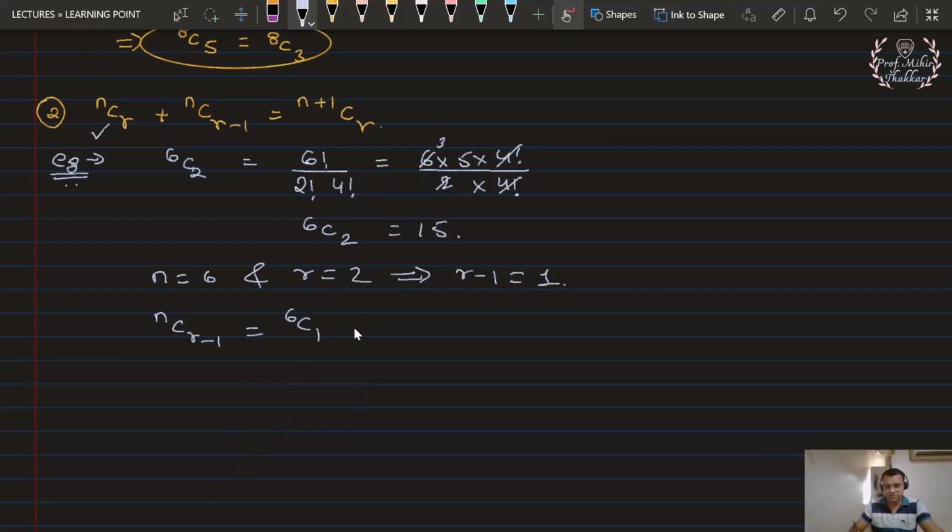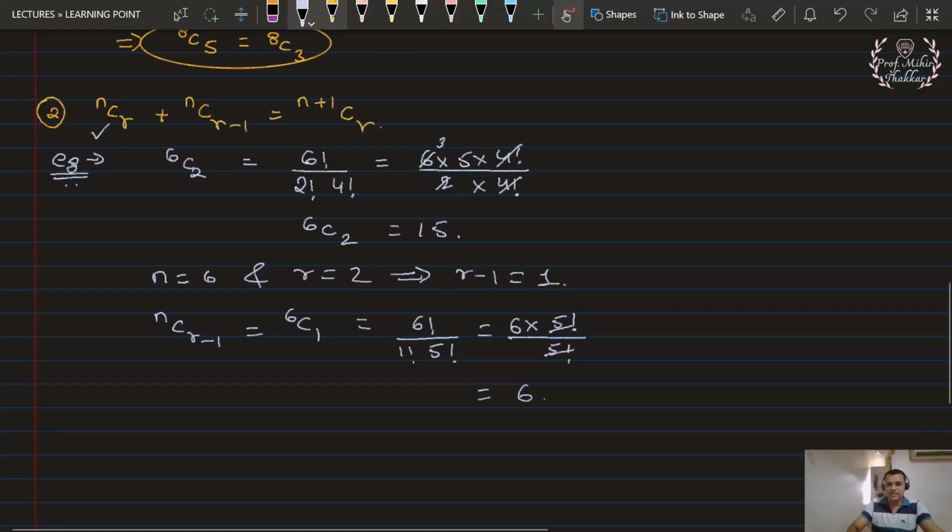Let us find it out. 6 factorial upon 1 factorial into 6 minus 1, which is 5 factorial. So just break it as 6 into 5 factorial. These both gone. I get the answer as 6.